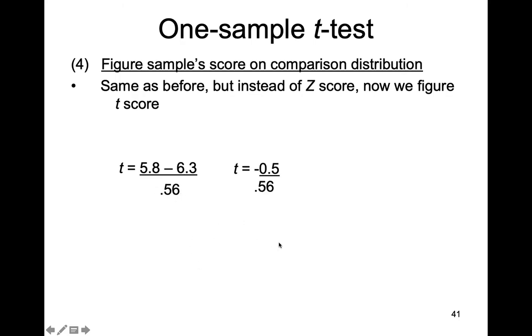So our t-score is negative. Notice that our numerator is negative here because 5.8 minus 6.3 is negative. Very important that our sample mean is always that first mean. So our t is negative 0.89. What's the interpretation? Our sample mean deviated from the expected mean of the distribution of means by 0.89 standard errors.